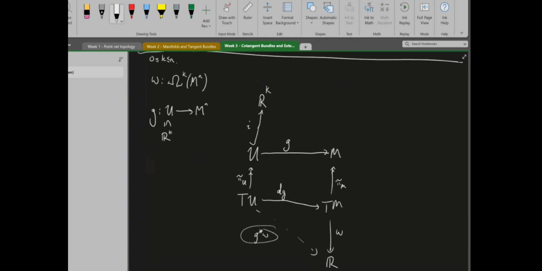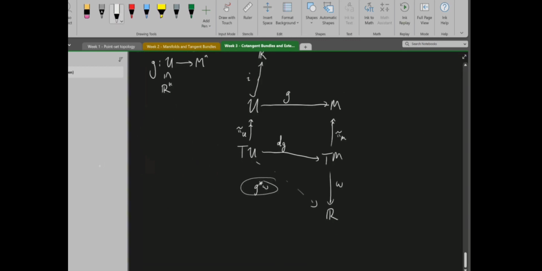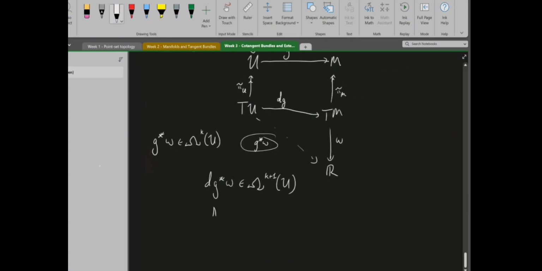Take the exterior derivative of this thing, which is a map from TU to R. Think of what this is first. g star omega is a differential form on U, and it's a k-form. So namely, this should be a differential form of grade k plus 1 on U. And it should equal g star d omega. Is that right?